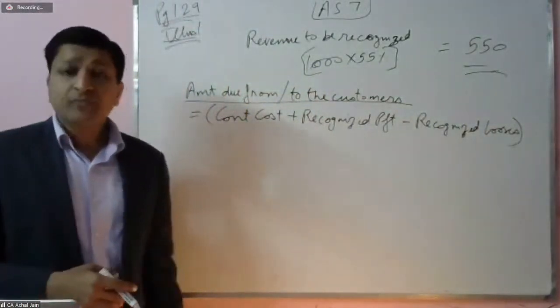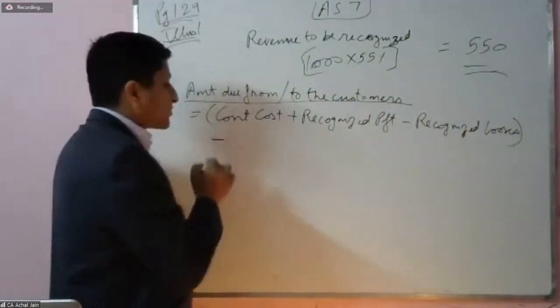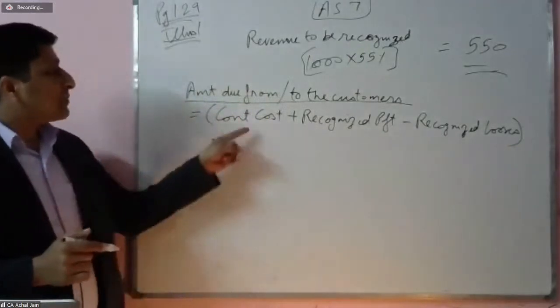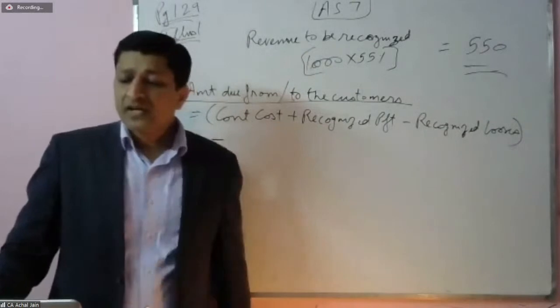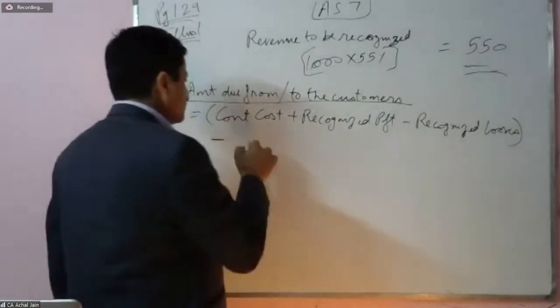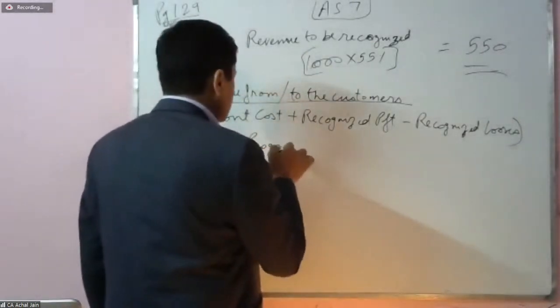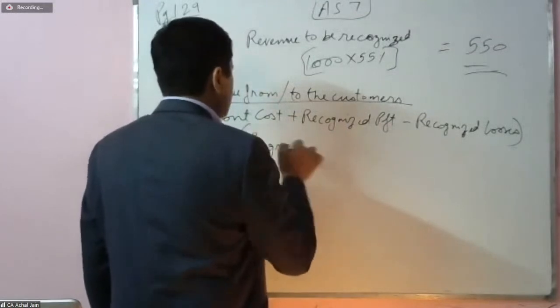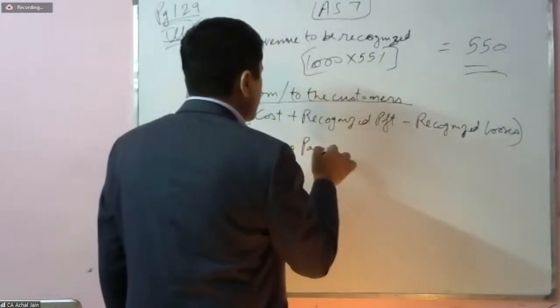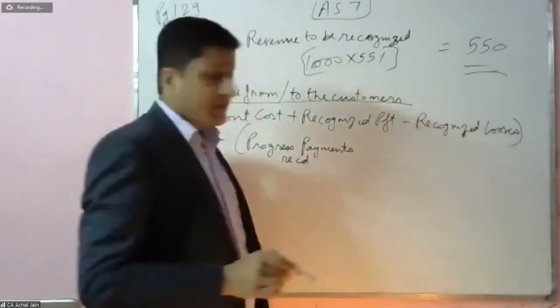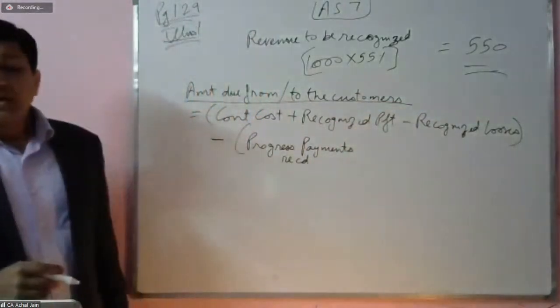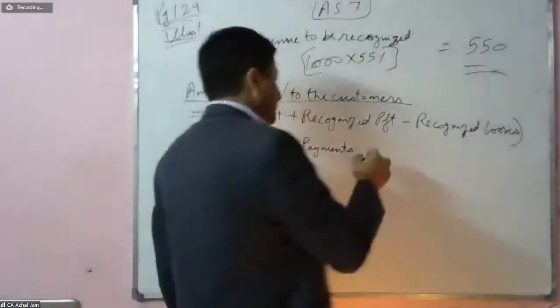So this is the amount of debtor. From this, what do we reduce? Progress payments received plus progress payments to be received.